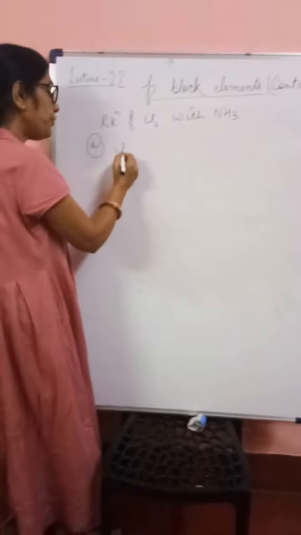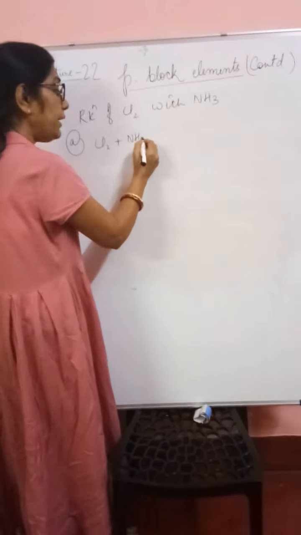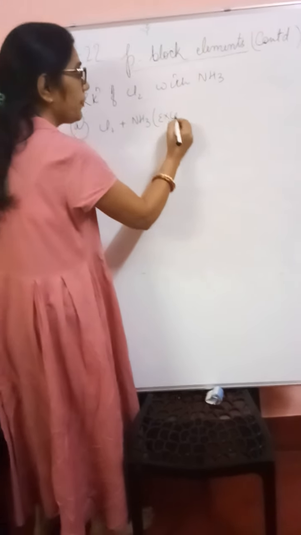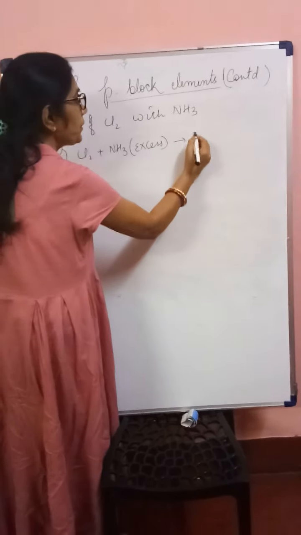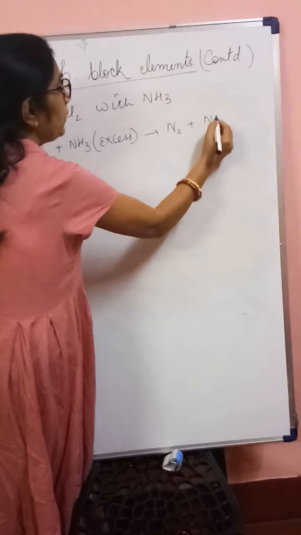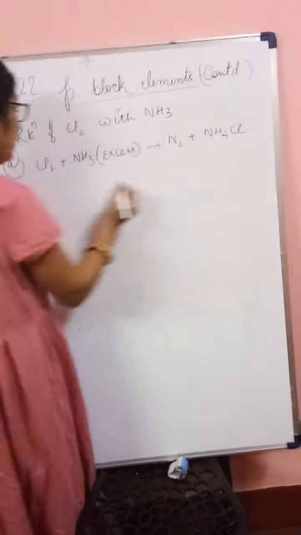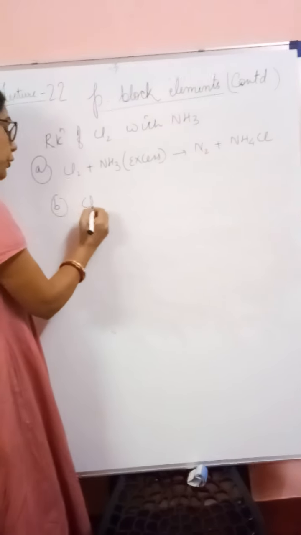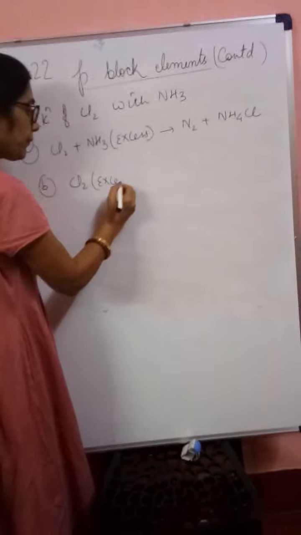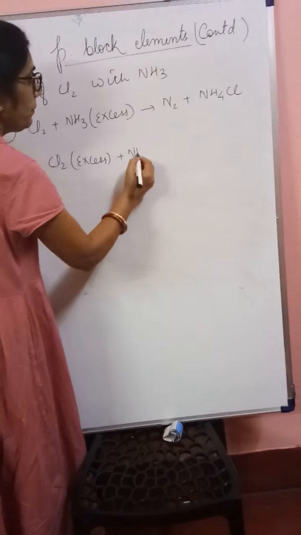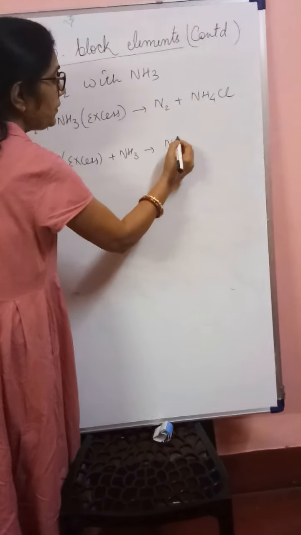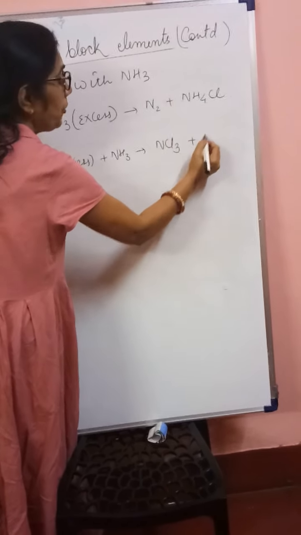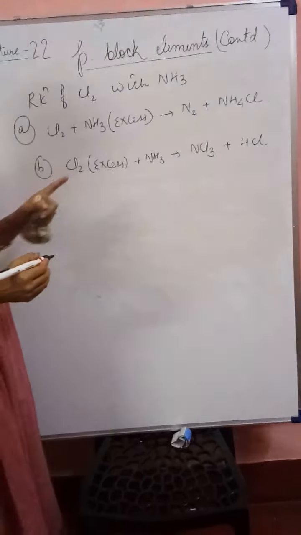When chlorine reacts with ammonia and ammonia is in excess, it forms N2 plus NH4Cl. Whereas when chlorine is in excess, it forms NCl3, nitrogen trichloride, plus HCl, NCl3 supposed to be an explosive.